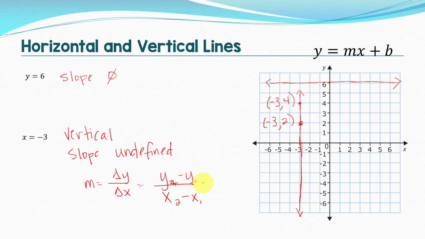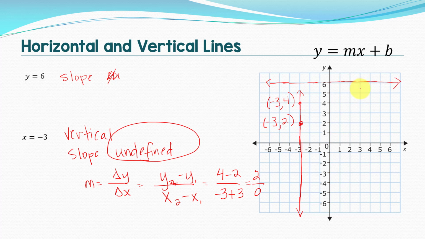All right, so let's calculate the slope. The change in y would be 4 minus 2, and the change in x would be -3 minus -3. 4 minus 2 is 2. -3 minus -3 is 0. And we know that you cannot divide by 0. So anytime you have a vertical line and you put in the numbers for the slope, it's going to come out with something that requires you to divide by 0. And that's why we say that a vertical slope is undefined.